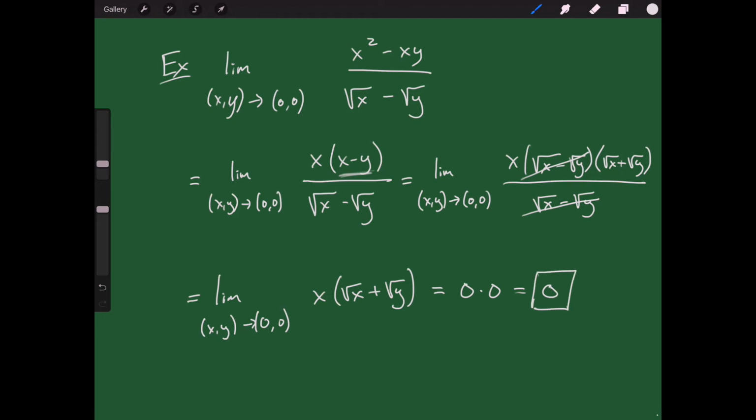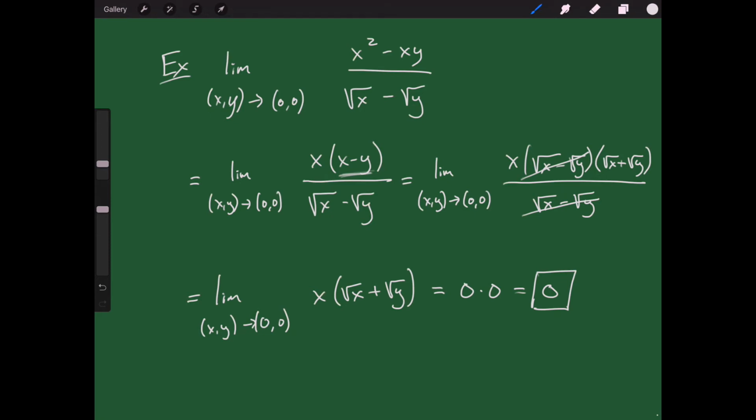And so now all of the tricks that I know, multiplying by a conjugate, multiplying the top and bottom by the same thing, multiplying by 1, combining fractions, all these different things that we've done before in 2 dimensions, we could now use the same tricks in 3 dimensions to find limits.